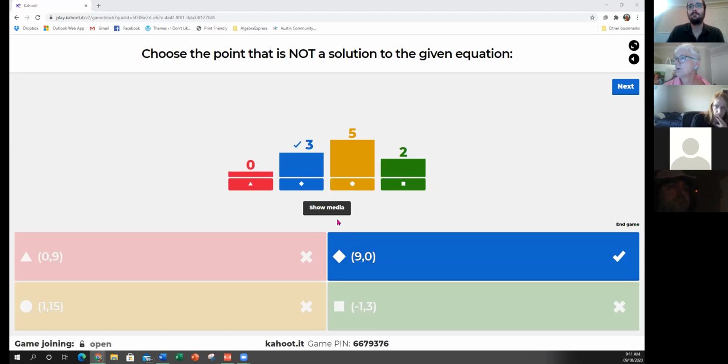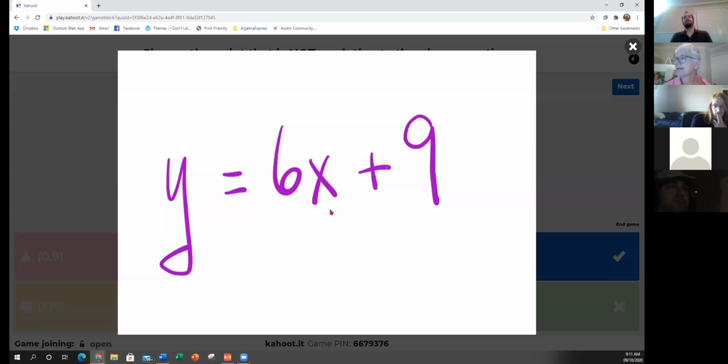Okay, so if we look at this, y equals 6x plus 9.